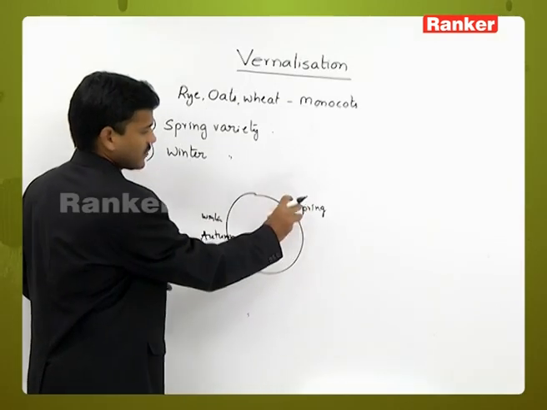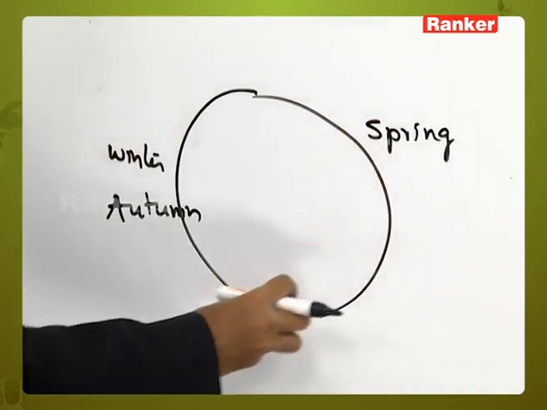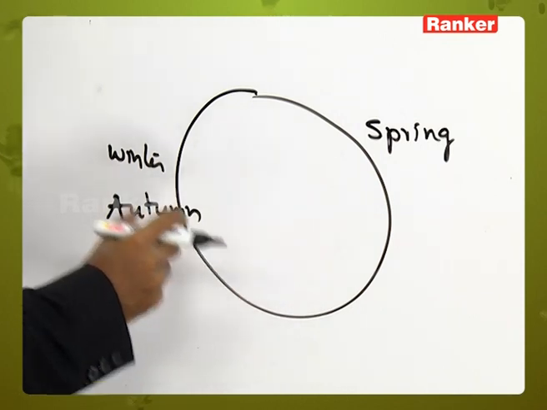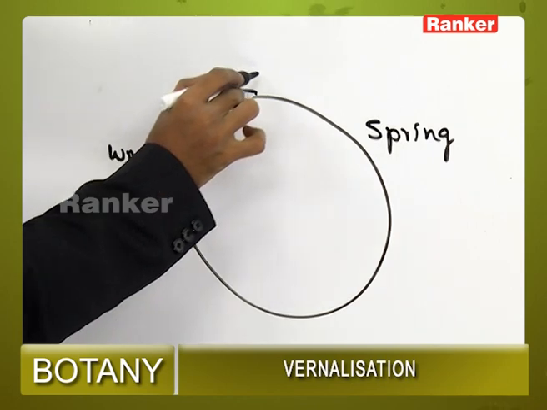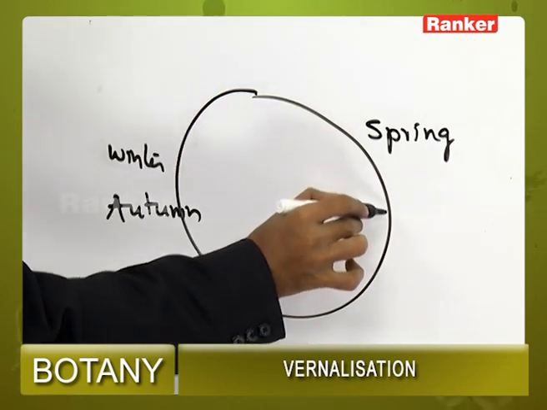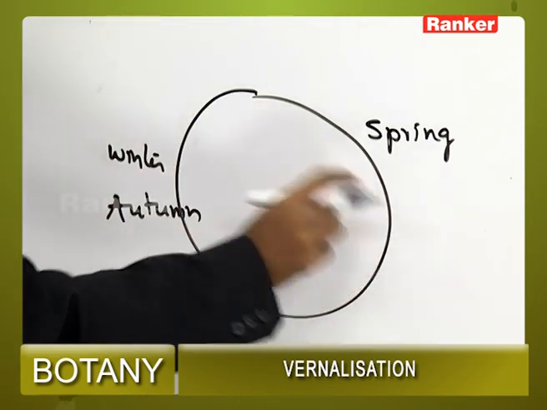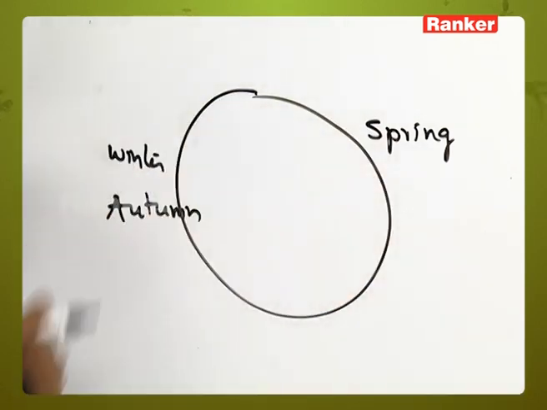The spring season varieties germinate and give flowers here. And the autumn or winter varieties, when they germinate here, show growth and flowering occurs here. So after a certain growth, the flowering occurs normally.